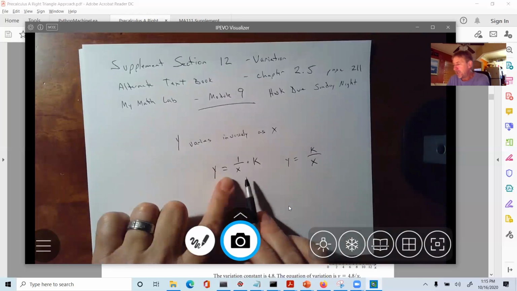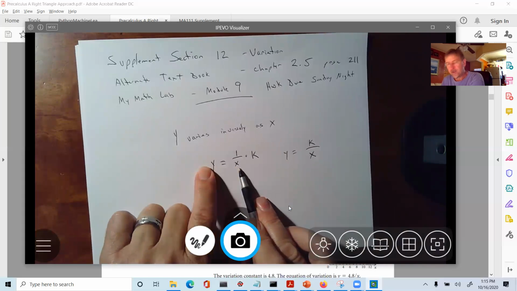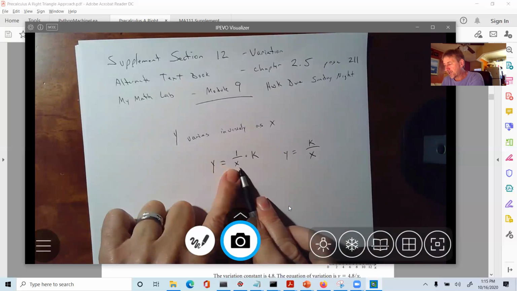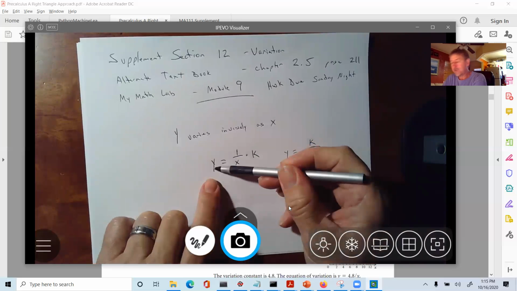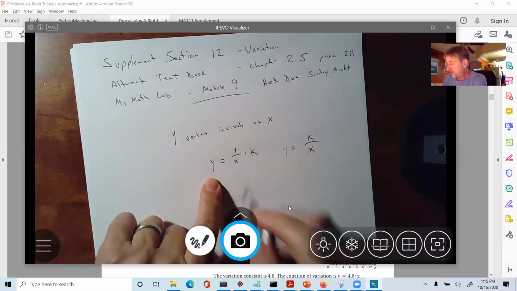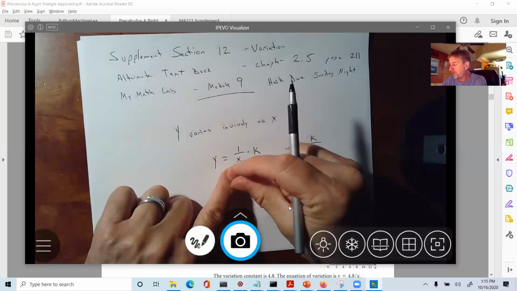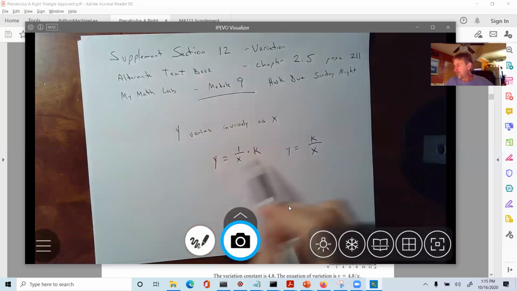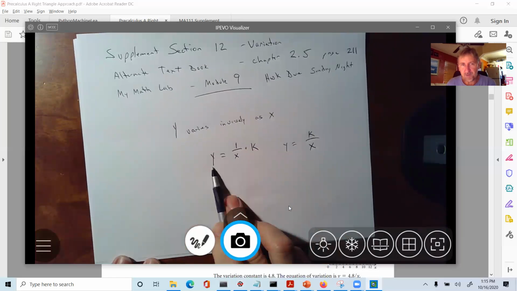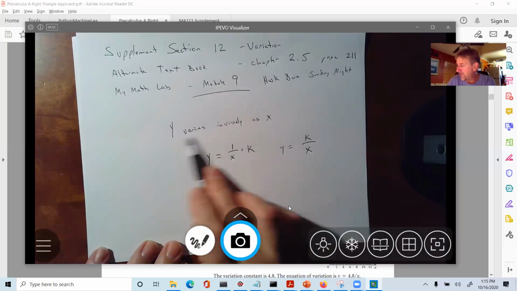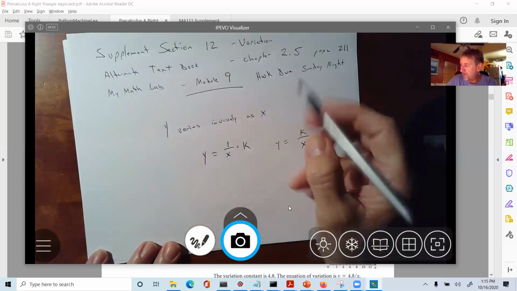So as I increase x, this number gets smaller. And if I decrease x, this fraction gets bigger, and therefore so does y. If x gets bigger, my fraction gets smaller, which is what y is. So as x gets bigger, y gets smaller. So it varies inversely as x. It goes the opposite direction of x.